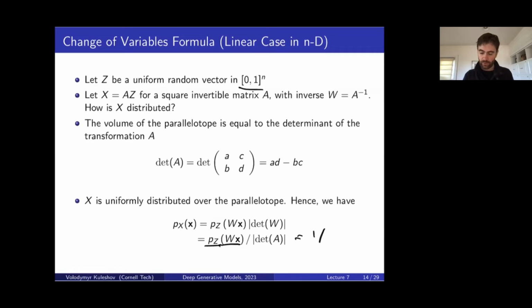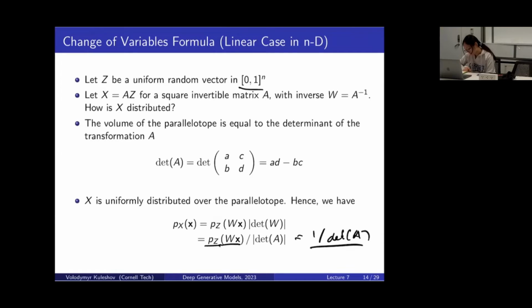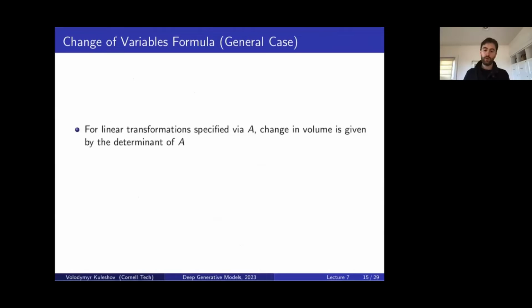So this will equal 1 over the determinant of A. That's what I was looking for. So this is the formula for a linear transformation. So for a linear transformation, we can use the determinant.